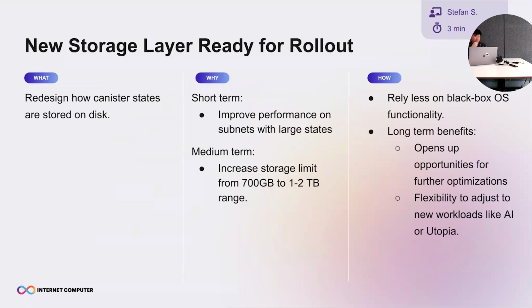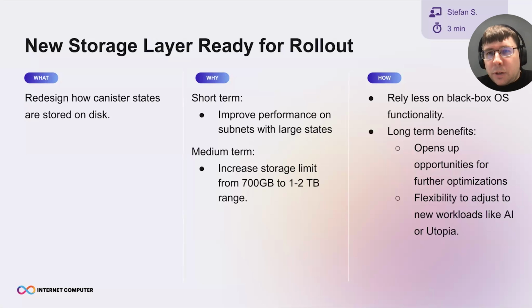Maybe you heard, but ICP is getting this new storage layer, and Stefan will tell us more about this. Hello, everybody. I'm Stefan from the message routing team at DFINITY. And I'm going to talk about the new storage layer project that is now ready for rollout. What this is, is a pretty significant redesign of how we store canister states on the disks of the node machines.